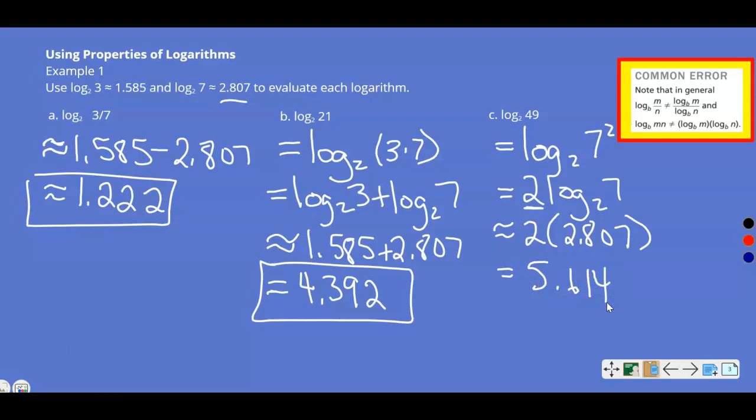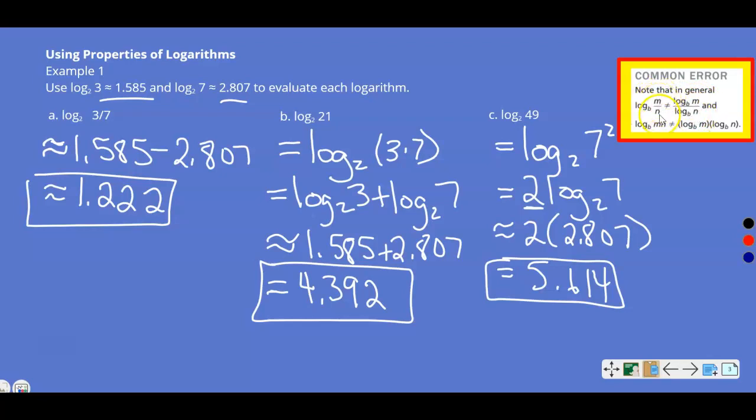All right, so you can see that using your properties of logarithms, sometimes you have to rewrite these first based on what you're given. But using your properties of logarithms, this is not very difficult. Common error, note that in general, log base b of m divided by n does not mean log base b of m divided by log base b of n.